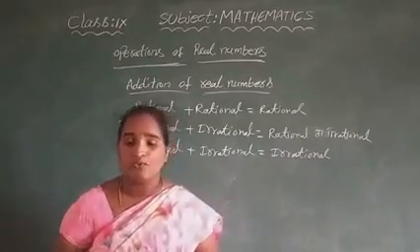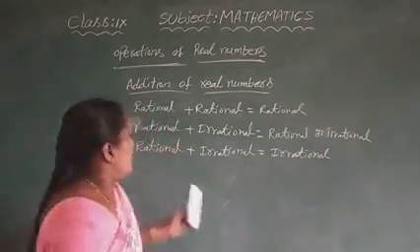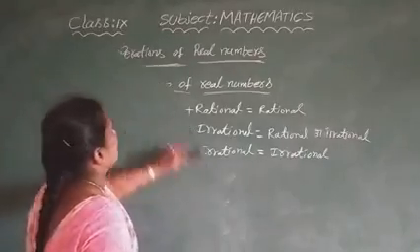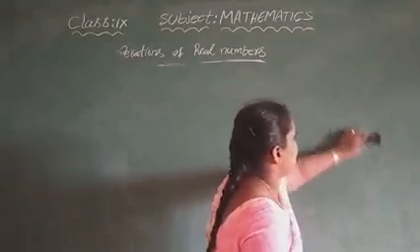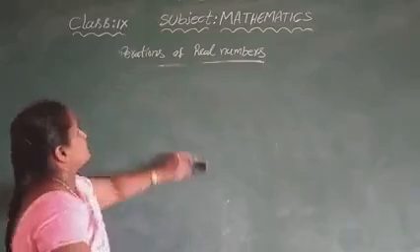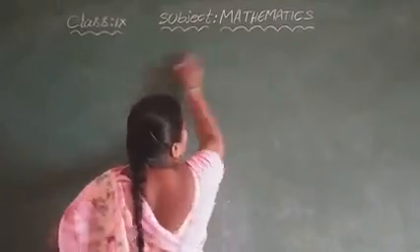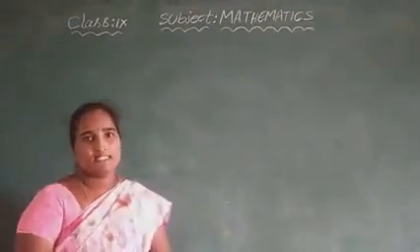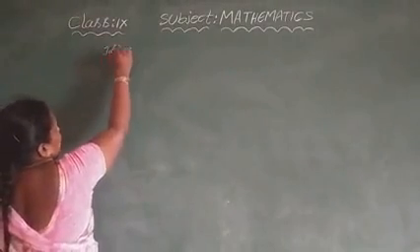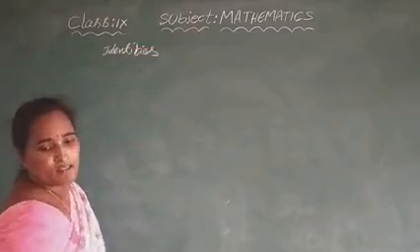Identities relating to square roots. Okay, in these identities, there are 6 identities given in the textbook.